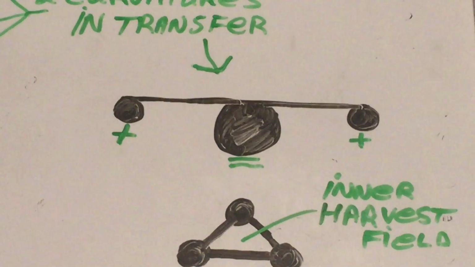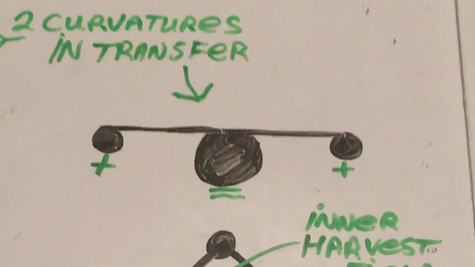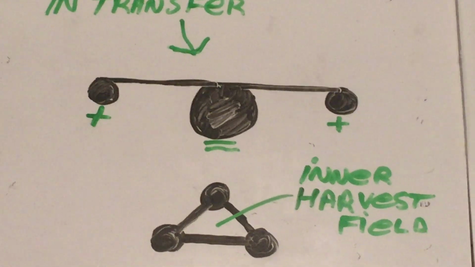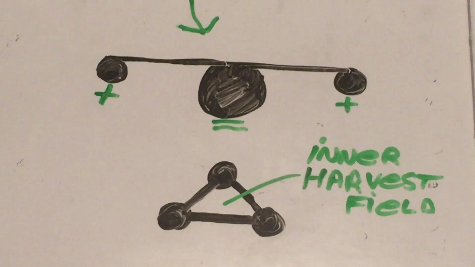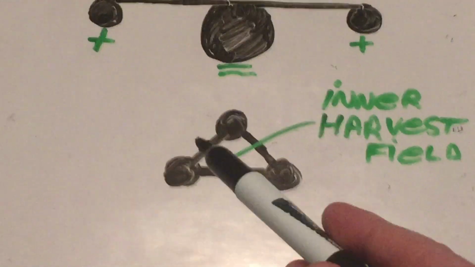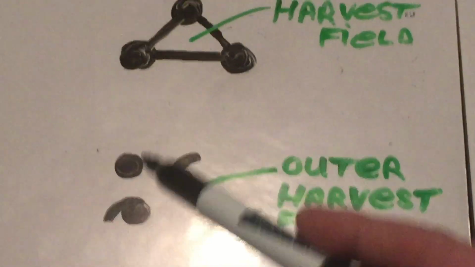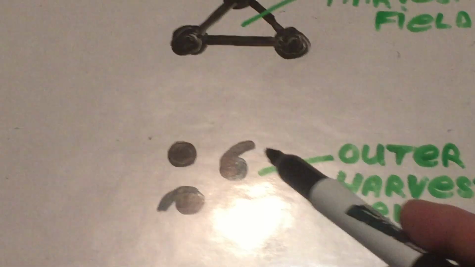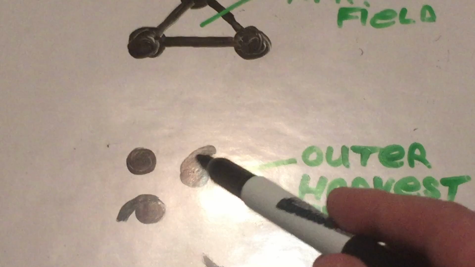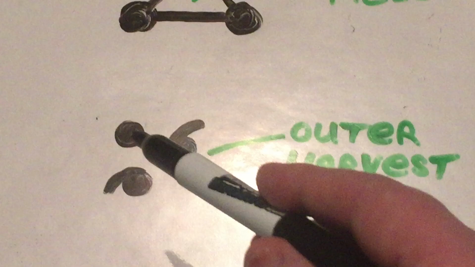We start up here with the two circles on the sides and the center one, and we can see that there are crop circles that have an inner harvest field that is collecting them all in the center there. These little side burners here are also indicating that it's energizing, collecting energy.